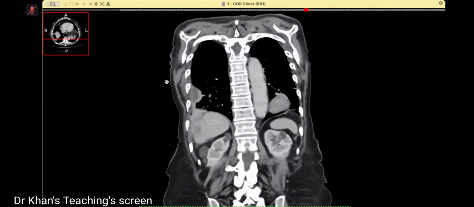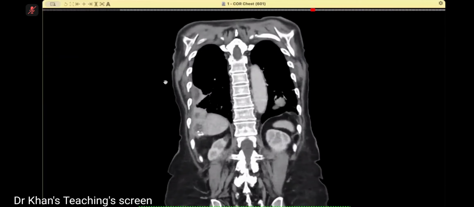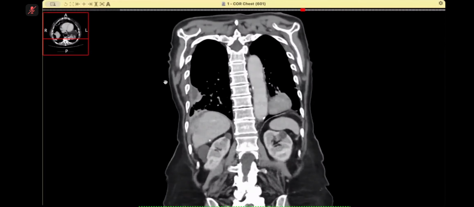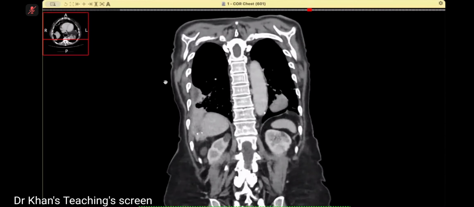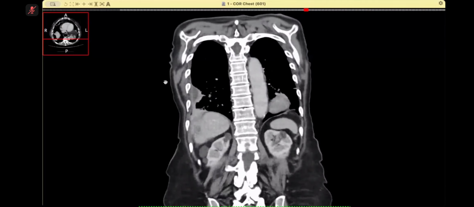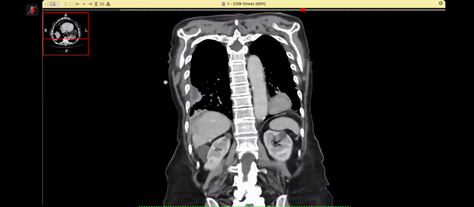So there are these hyperdense foci noted along the superior aspect of the liver, with surrounding hypodensity noted along it, which is likely the cause of the surrounding inflammatory change that is going on.